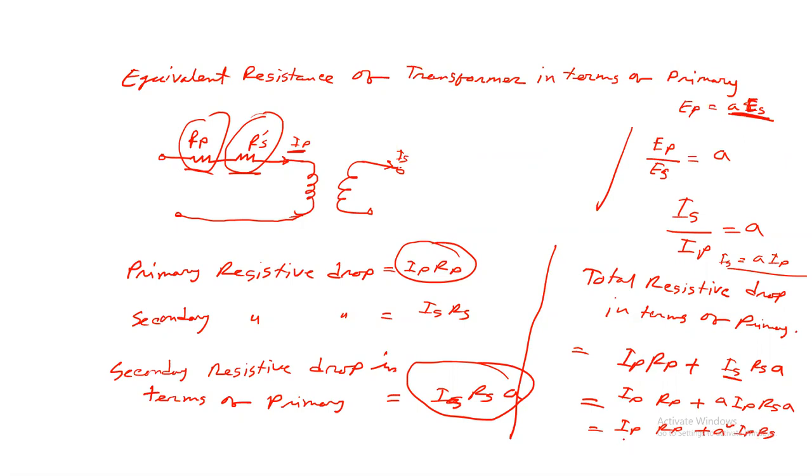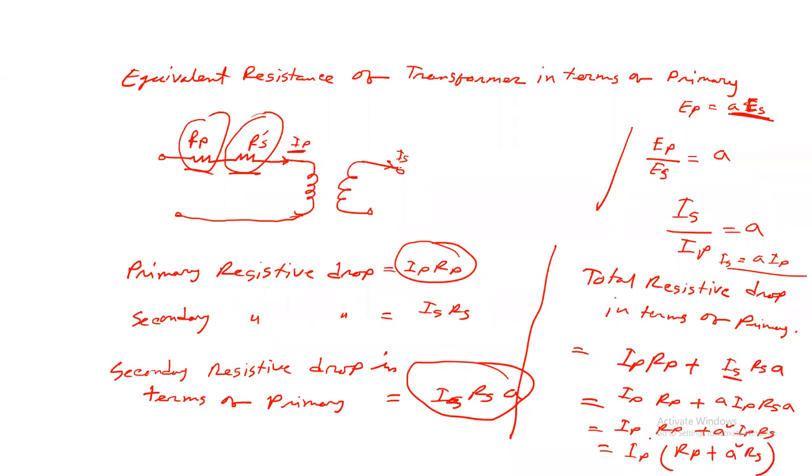If you take IP common, it is RP plus A square RS, right? Yes, sir.